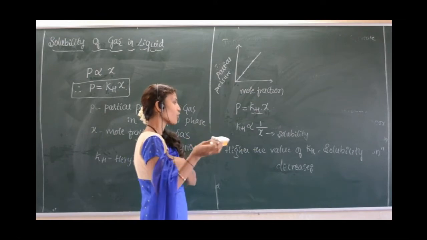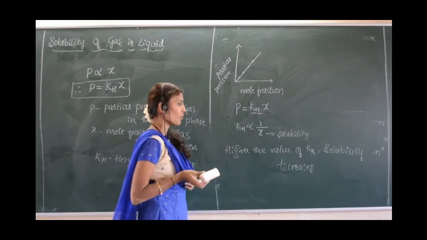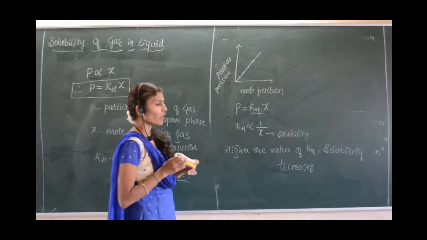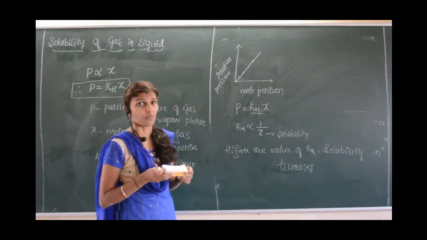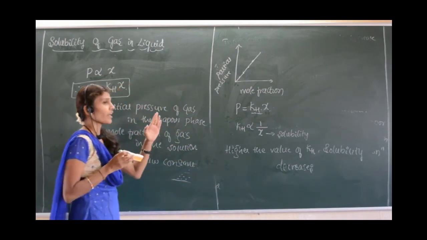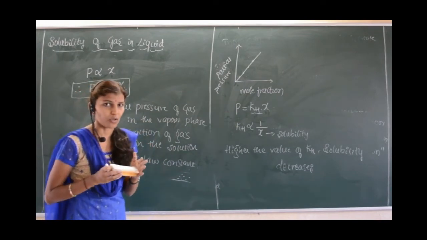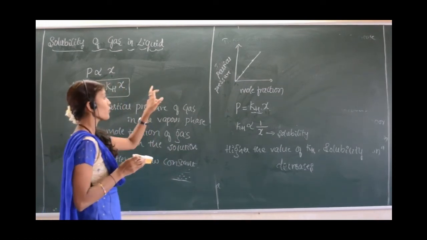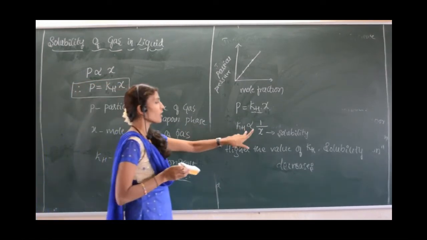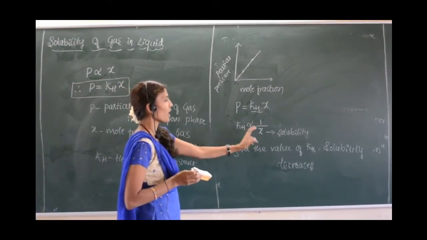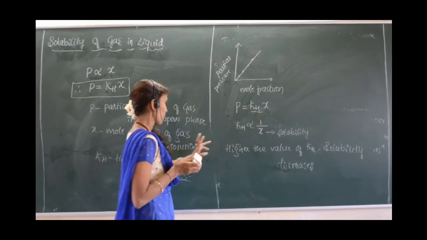So, as the value of Kh increases, the solubility decreases. As the value of Kh decreases, the solubility will increase. So, this is how we can explain Henry's law, which is very important. You need to know the definition, mathematical expression, and how the Kh and solubility are interlinked with each other.